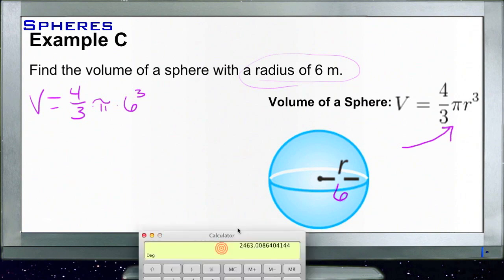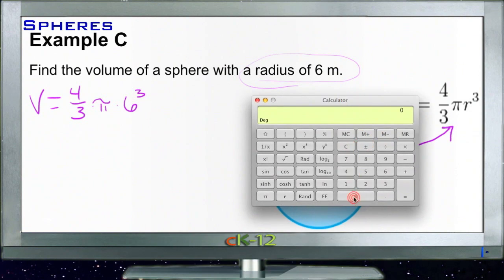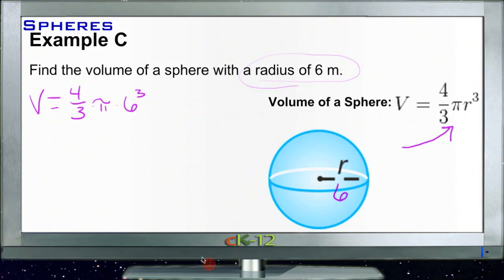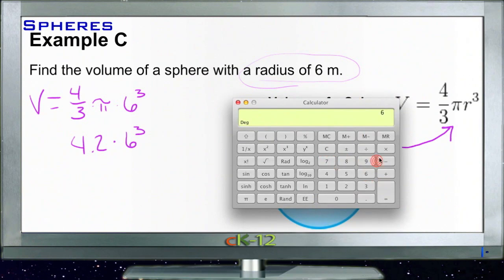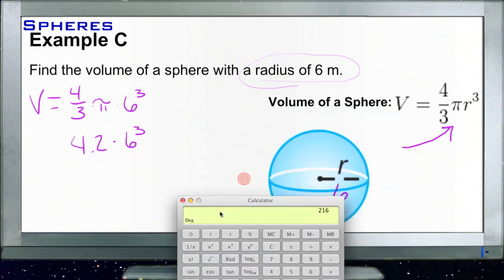So let's use our calculator again. Clear? We got 1.33333333 times pi equals 4.2. Let's go ahead and put that in. So we got 4.2 times 6 cubed. And then 6 cubed is 6 times 6 times 6, 216.